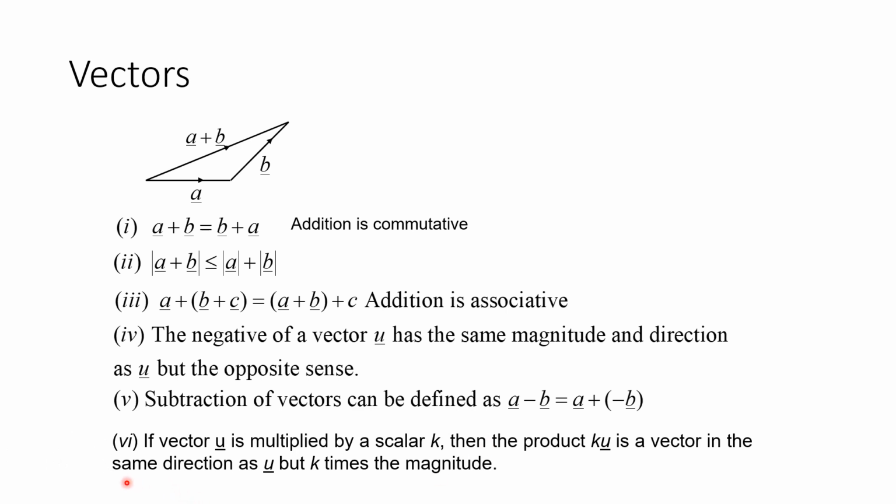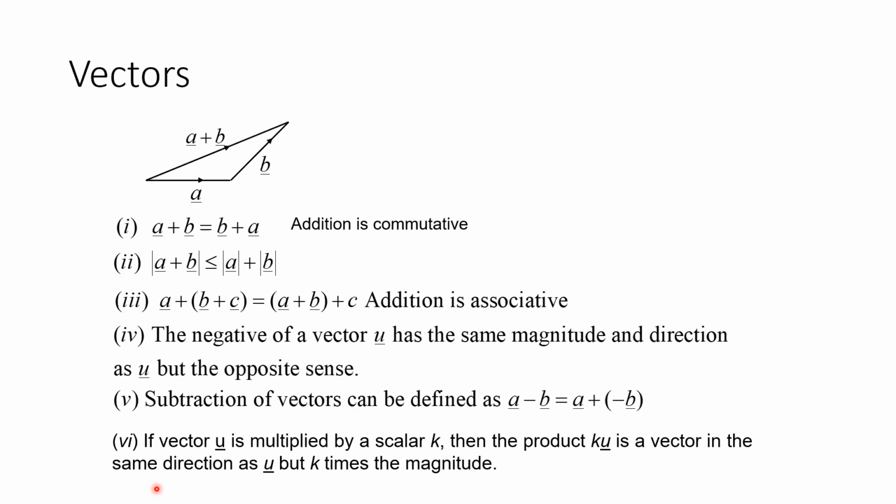The next important reminder is, if you multiply a vector, say u, with a scalar k, so k can be any number or any scalar, yeah? Then the product ku is a vector in the same direction as the initial vector u. So ku is in the same direction as u, because k didn't change the sign.